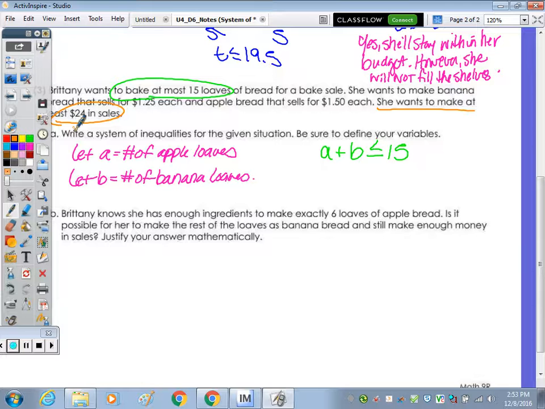Well, she's going to get $1.25 per loaf of apple, and then $1.50. Nope, I had that backwards. Apple is $1.50, banana is $1.25. So at least $24 means she can make $24 or greater than.